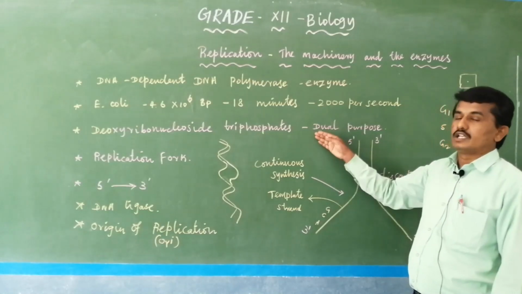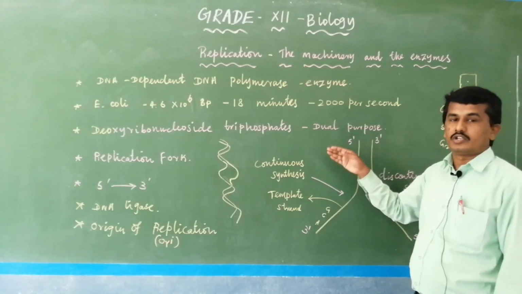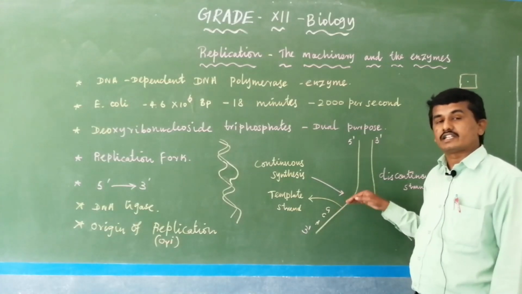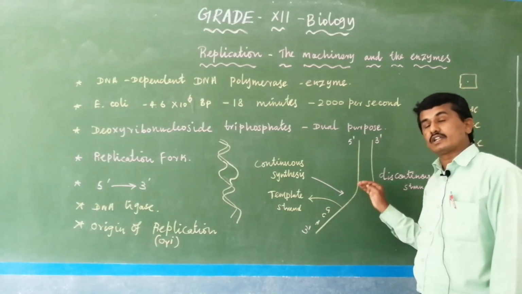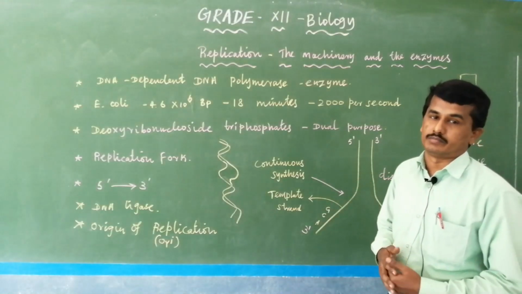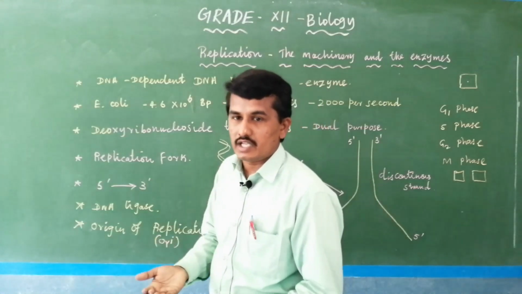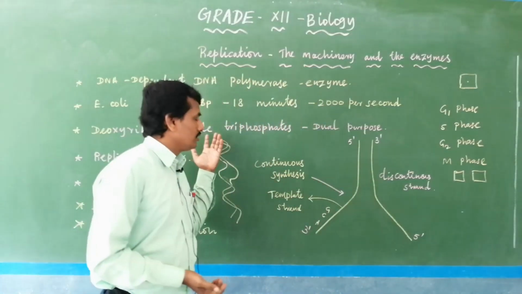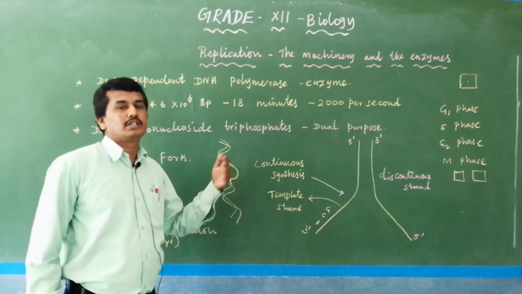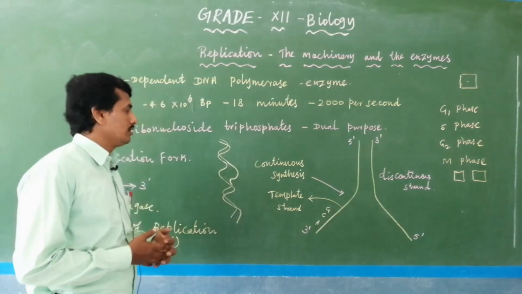So the particular deoxyribonucleoside triphosphate provides energy to the replication process as well as acts as a substrate for producing the DNA. So, two in one purpose. DNA is formed with the use of deoxyribonucleoside triphosphate plus the energy also provided by the same substance, that is the dual process.